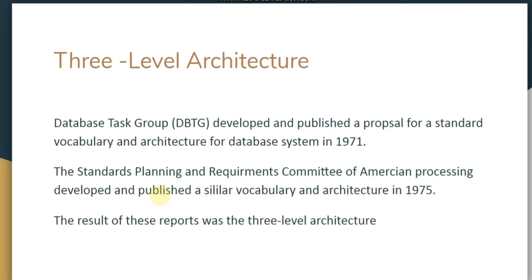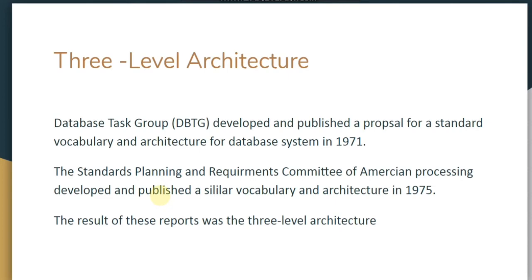So let's move on. First we have explained the three-level architecture, now the history. The Database Task Group, or DBTG, developed and published a proposal for a standard vocabulary and architecture for database systems in 1971. The Standards Planning and Requirements Committee of the American National Standards Institute developed and published a similar vocabulary and architecture in 1975.